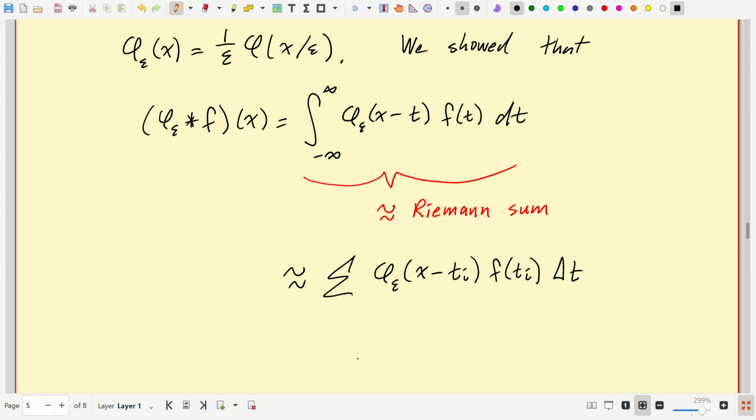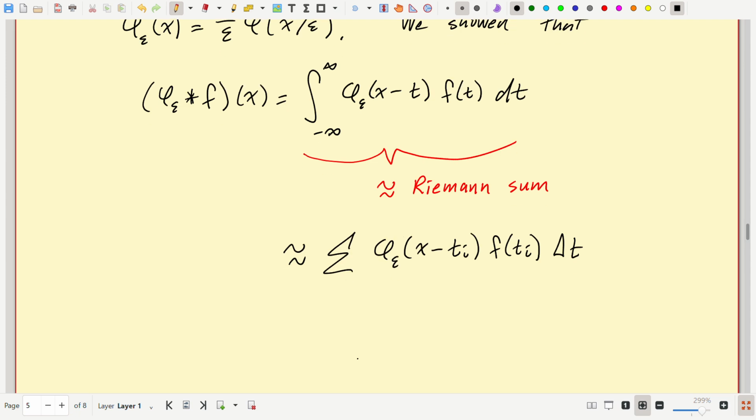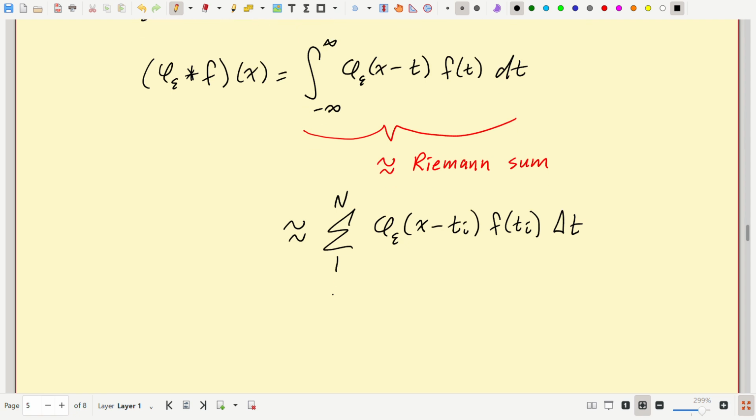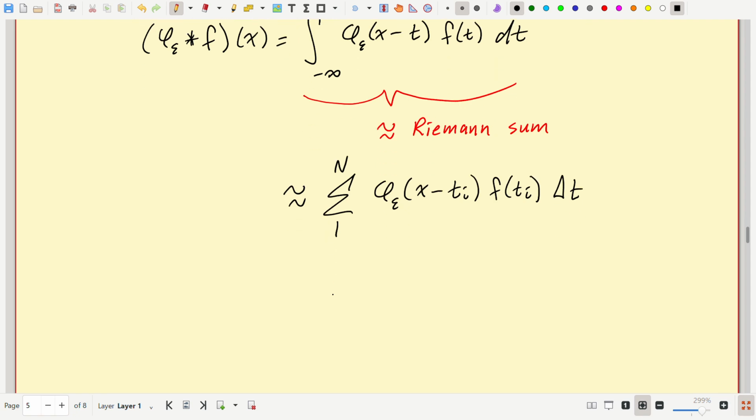And because the thing is a Schwartz function, the tail end is negligible, and I'll make a finite sum. And those are bump functions centered at x's. So I have finitely many bump functions centered at x.